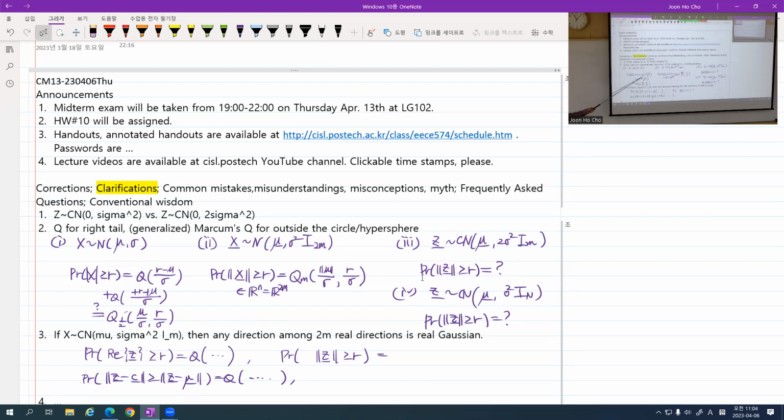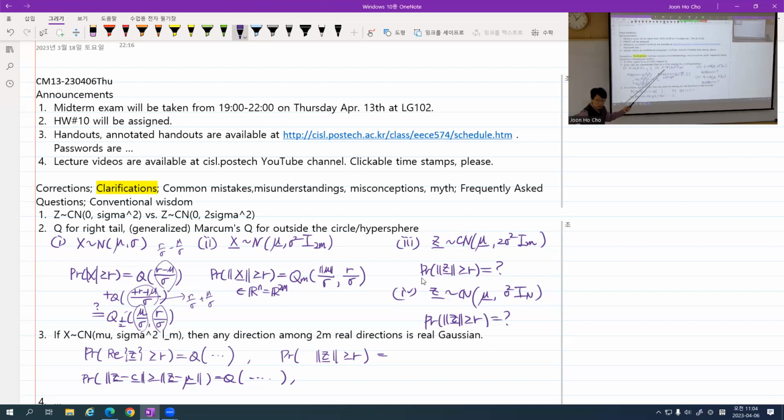So it's a function of mu over sigma and r over sigma. Here this is r over sigma minus mu over sigma, and here this is r over sigma plus mu over sigma. So you can view this probability as a function of a normalized version of the mean and a normalized version of your radius.